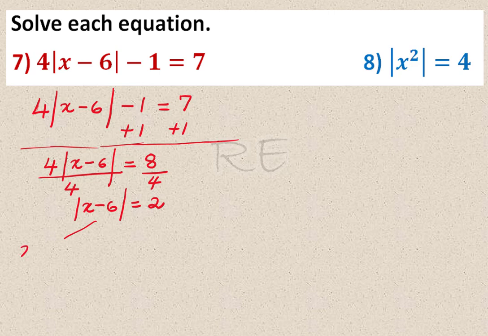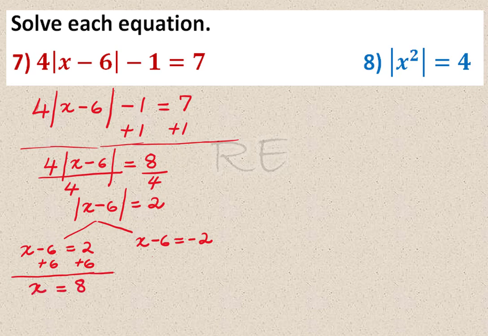We can consider the two cases, x minus 6 equal to 2, or x minus 6 equal to negative 2. We'll add 6 to both sides, and x is equal to 8 for the first case. We add 6 to both sides, or x equal to 4. So the solution set is 4, 8.